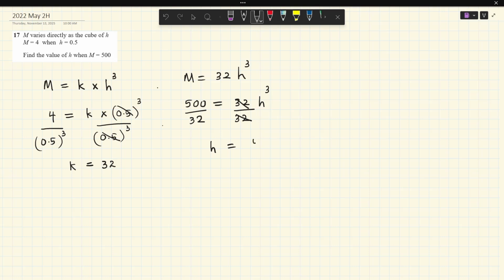H equals the cubic root of 500 over 32. Why cubic root? Because here h to the power 3, the power 3 is sent to the other side, it becomes cubic root. Using the calculator, 500 divided by 32 cubic root gives you 2.5. So h equals 2.5 is the answer.